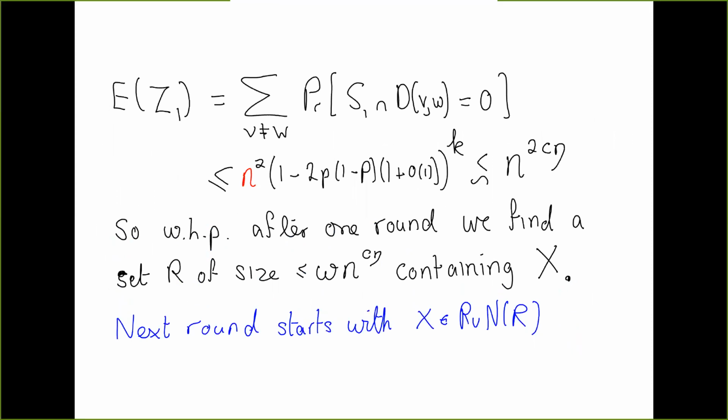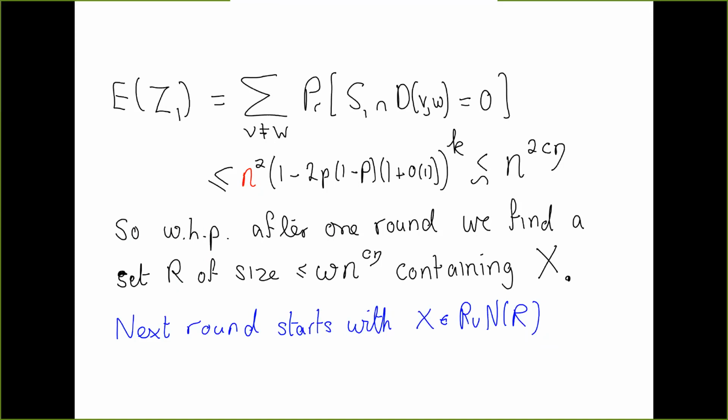It means that with high probability, after one round, we've reduced the ambiguity: instead of thinking that the fugitive could be any one of n places, it's now in at most n to the c eta places. So that is why I put the n in red.